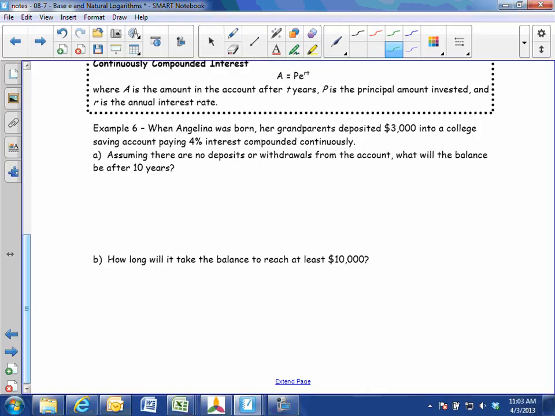All right. So, what are we looking for? A, P, R, or T? We're looking for A. What's our P? What's the principal amount? 3,000. E to the, what's our R? 0.04. 0.04 times T, which is 10.